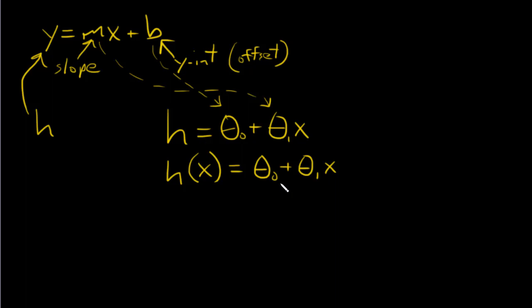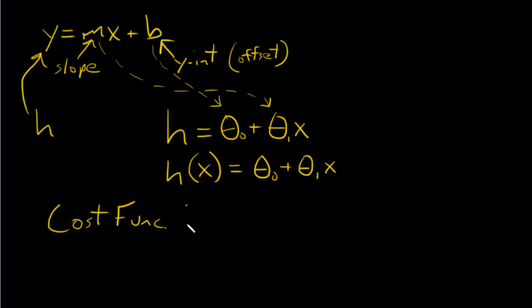Now, every single algorithm has to have a way to evaluate how well it does. So the way that we are going to evaluate how well our algorithm is performing is through what is called a cost function. A cost function is used in almost every single machine learning algorithm.